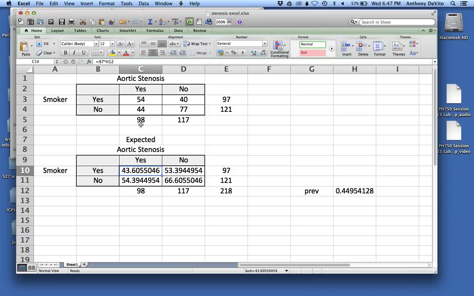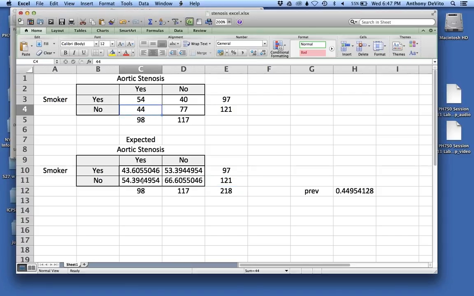I can see right away that among the smokers, I'm getting more people than I would have expected that have aortic stenosis. And under the non-smokers, it's a bigger population, so it's hard for me to tell what's happening here, right?